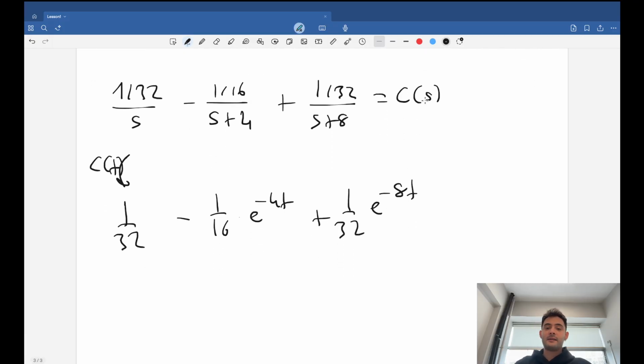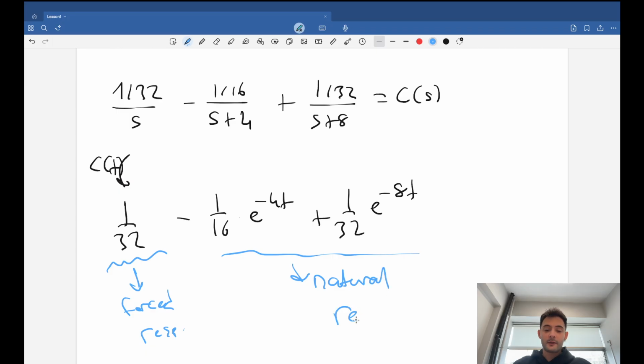Again, I'm repeating, so this is our response, but this constant value is the forced response. And since those two go to 0, we will call that the natural response.